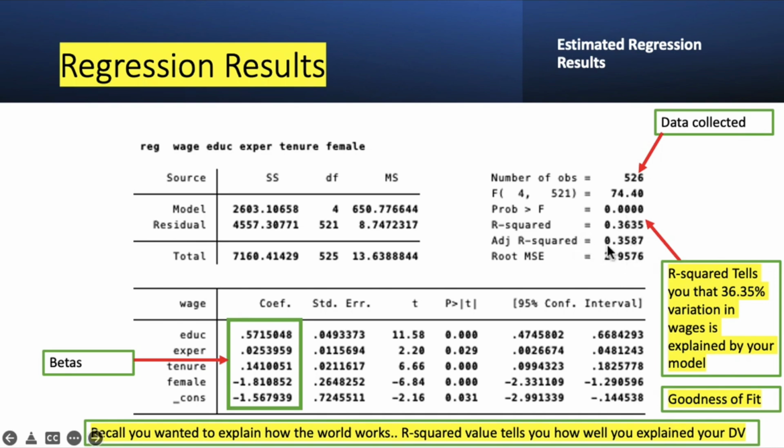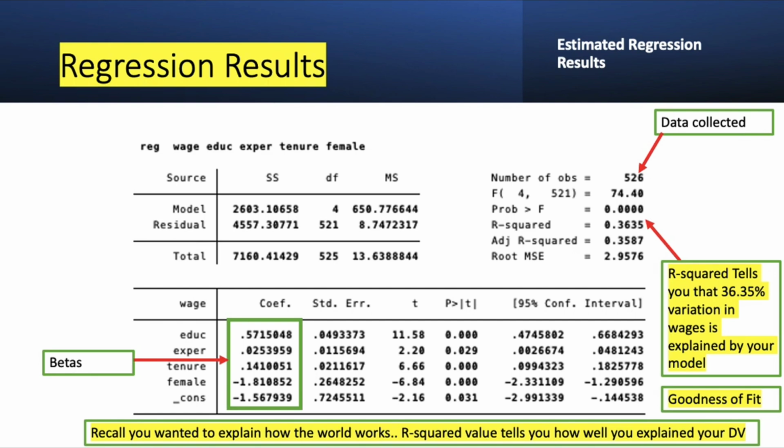Then you have an adjusted R square. So you've got two kinds of R squares. One is the R square and the other one is an adjusted R square. So the R square basically explains... you're trying to explain the variation in wages.